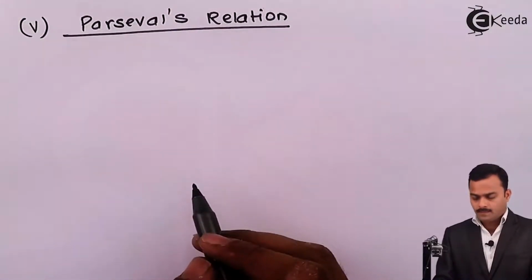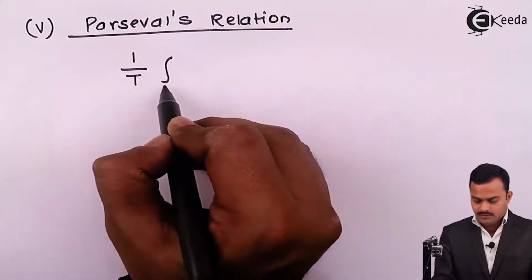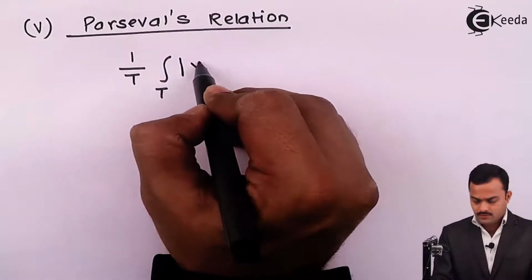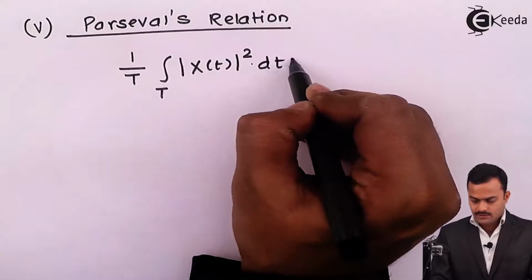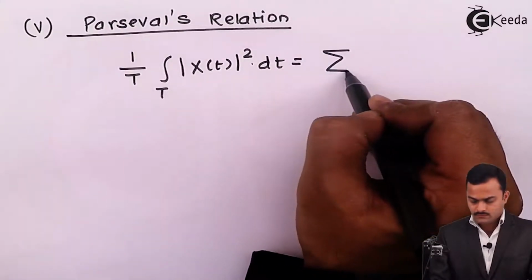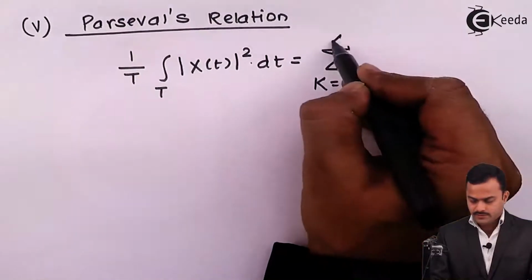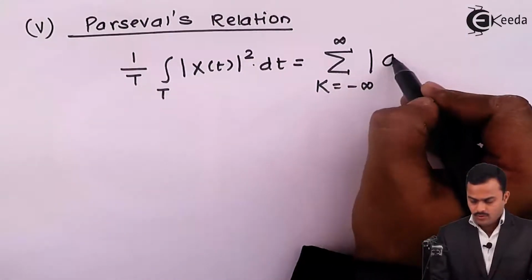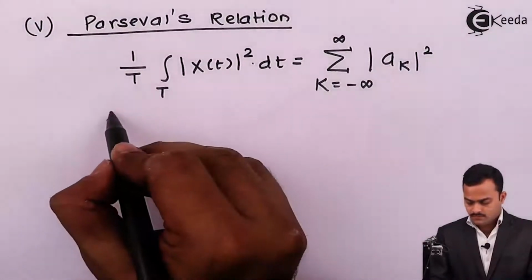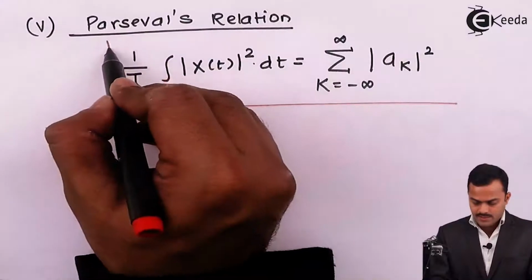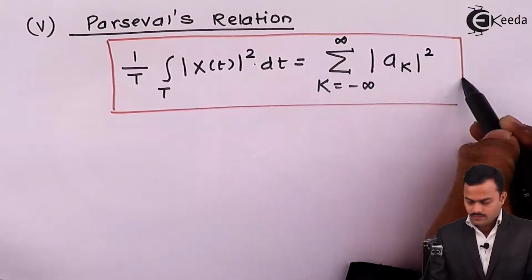What it is showing is 1 by T integral over a capital T of mod x of t square dt is nothing but summation k from minus infinity to plus infinity mod a_k square. So this is called the Parseval relationship or Parseval identity of a signal.